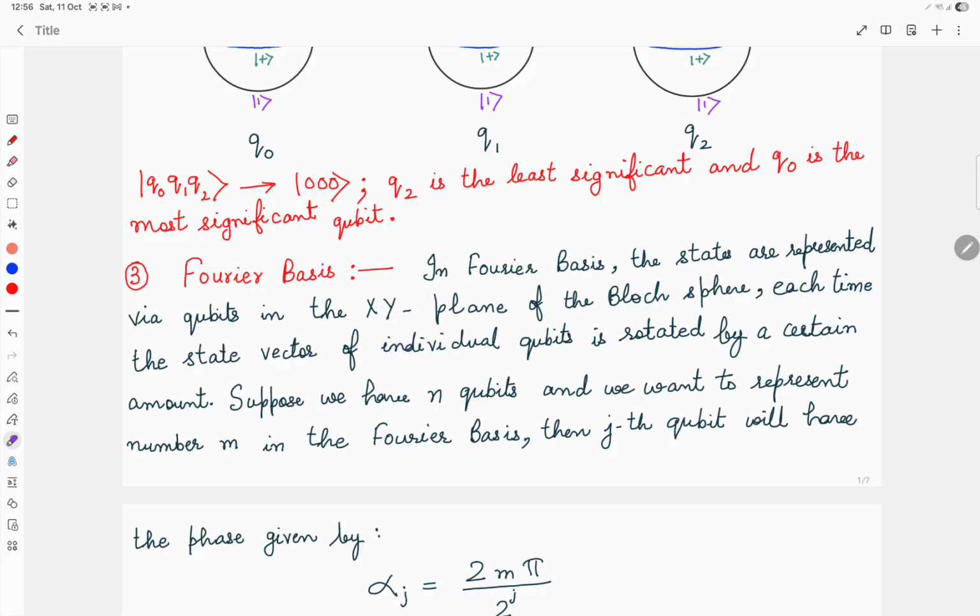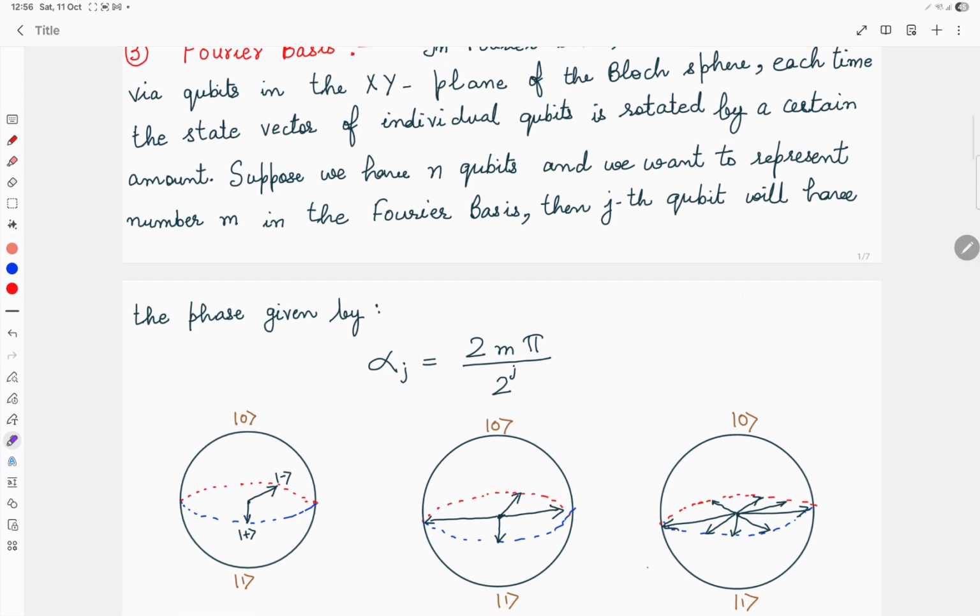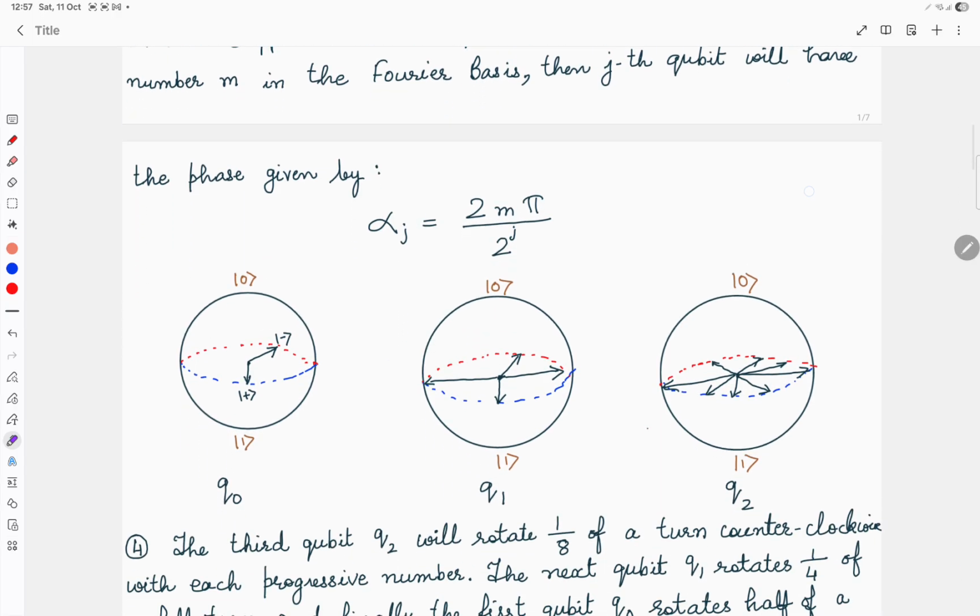The position of the state vector will determine the rotation by which the state vector will be rotated in the Bloch sphere. This rotation is given by alpha subscript j equal to 2 pi divided by 2 to the power j. If there are 3 qubits, j will represent the specific qubit, whether 0, 1, 2 like that.